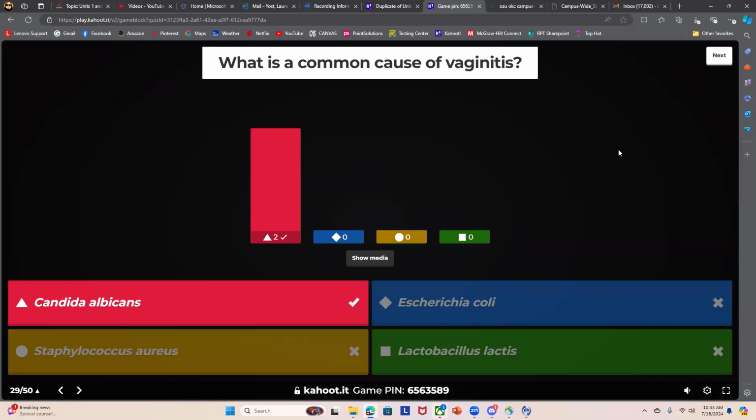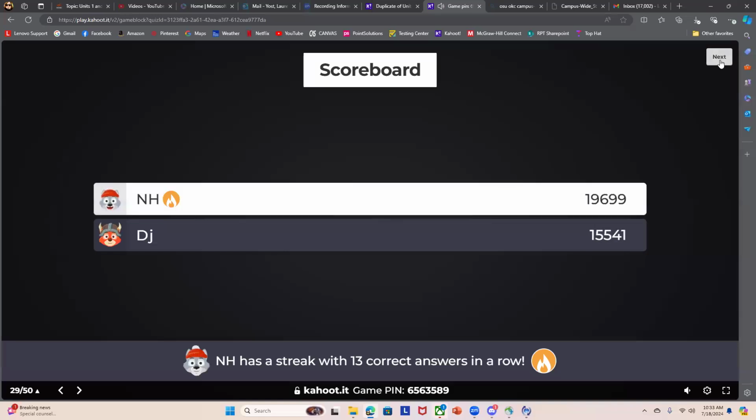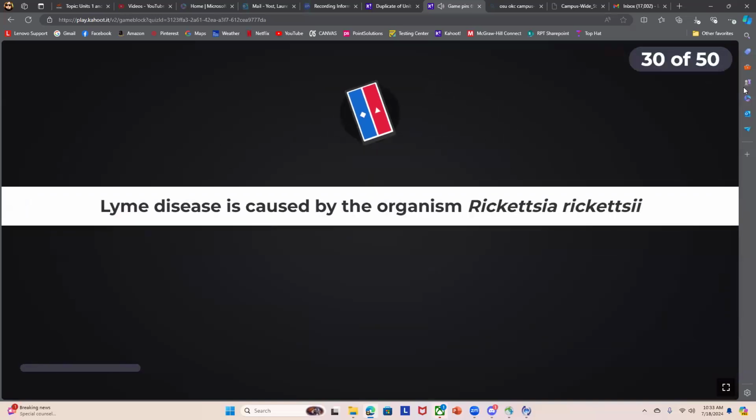So vaginitis, remember, that's when we're going to have actual inflammation of the vaginal canal. We're going to see that with Candida and with Trichomonas. Other ones cause pretty serious inflammation of the reproductive tract, but not the vagina.